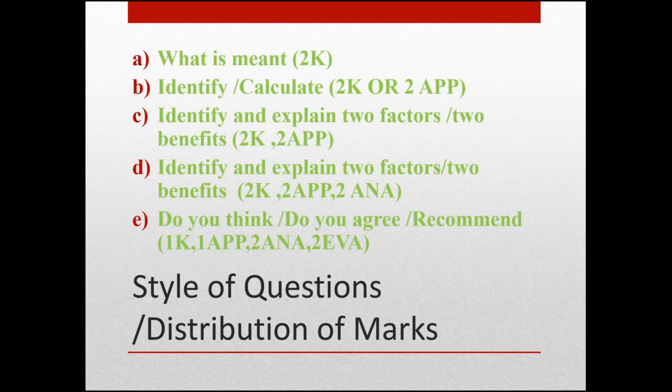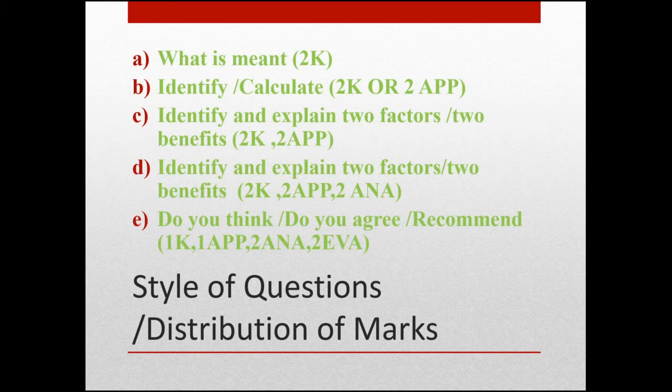In part B, usually it's identify two reasons, identify two advantages, or maybe calculate. It will be either 2 knowledge marks or 2 application marks. It depends on the question. If it's specific to the context, it will be 2 application marks. If it's just a general question, identify whatever thing, it will be 2 knowledge marks.